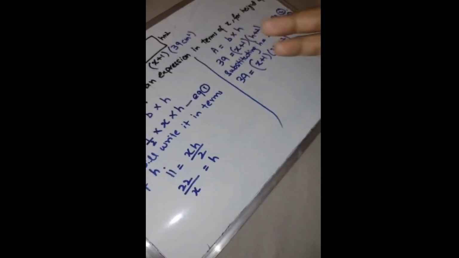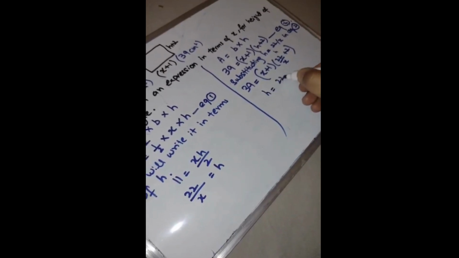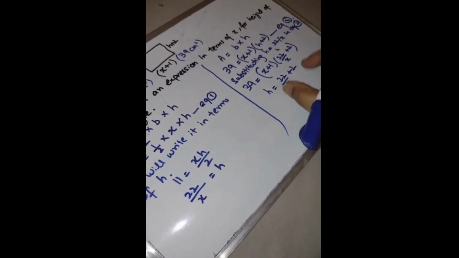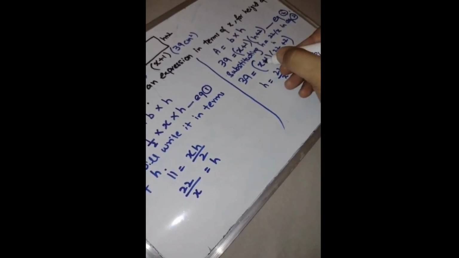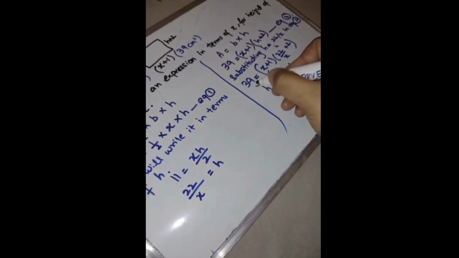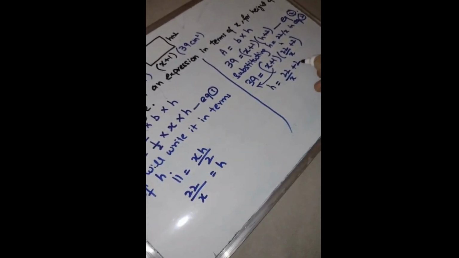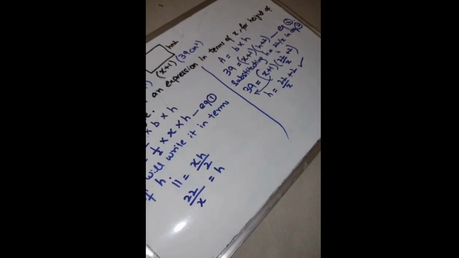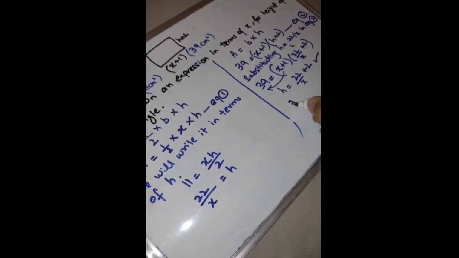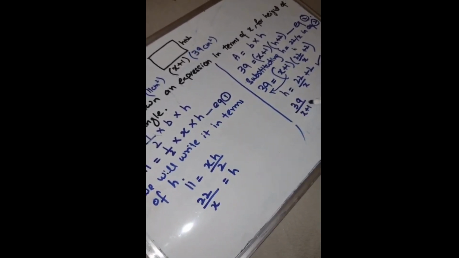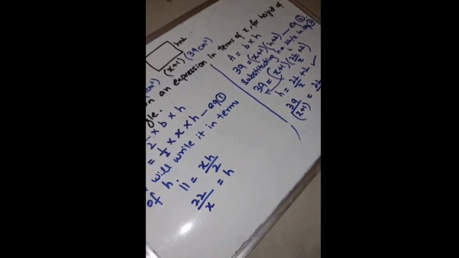There could be two answers in this. Since this is the height, you can write h is equal to 22 upon x plus 2. Now this is in terms of x. Either this could be the answer, or we can take this x plus 1 into the denominator. If you take this whole expression in the denominator, it will become 39 upon x plus 1, which is equal to the height. The height is 22 upon x plus 2.